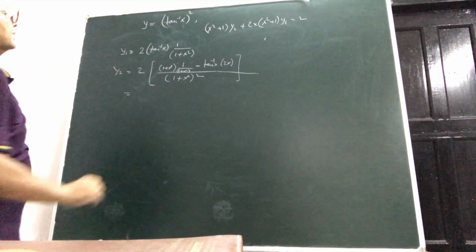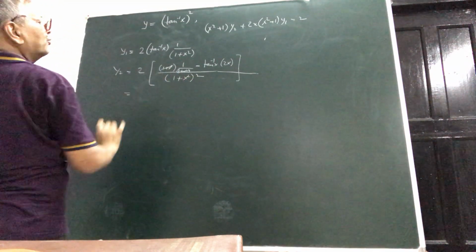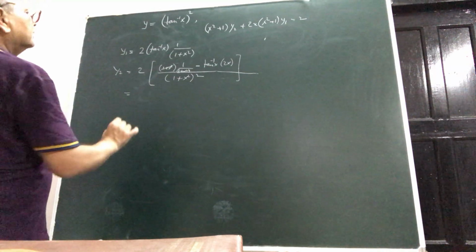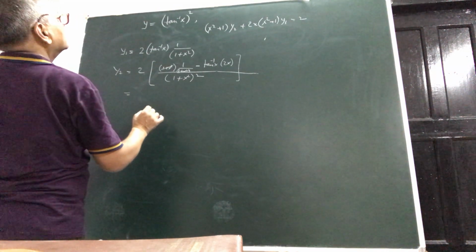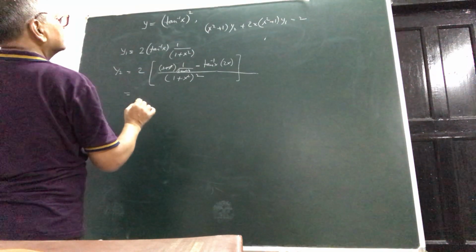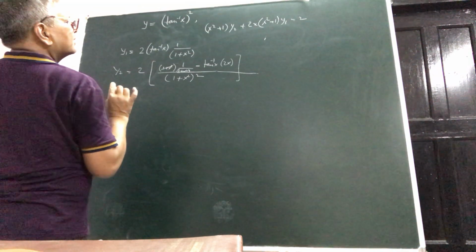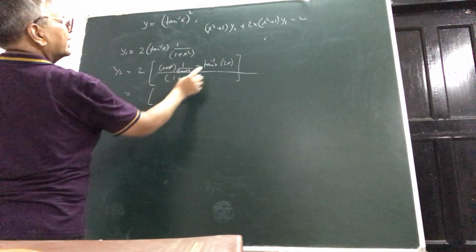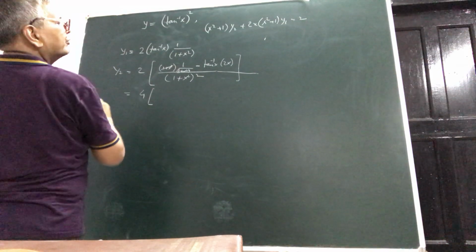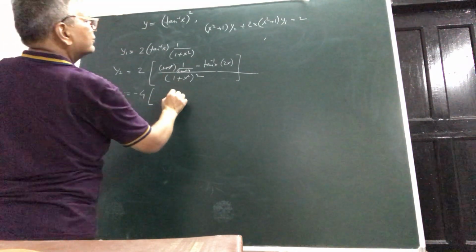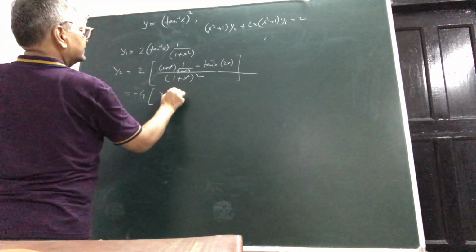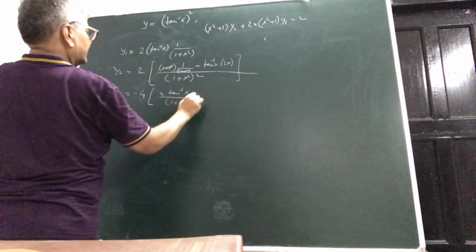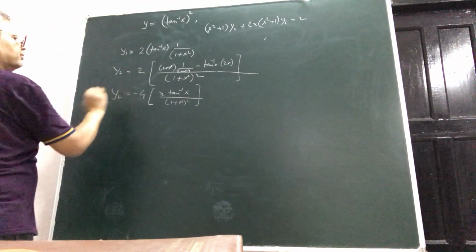So this is cancelling. So you get only 1 here. And 1 minus tan inverse x into 2x, upon (1 plus x square) whole square. So it is 2 and 2, 4, with minus sign here: minus 4x tan inverse x upon (1 plus x square) whole square. This is the value of y2 which you are getting.